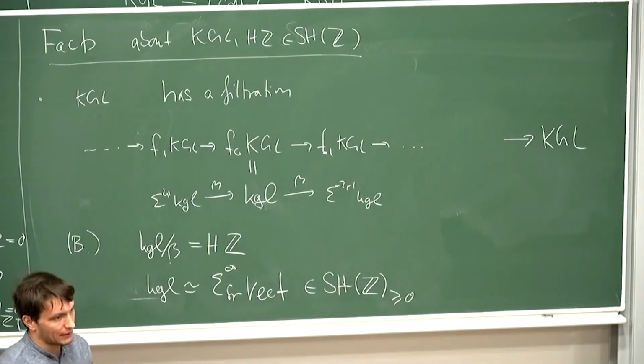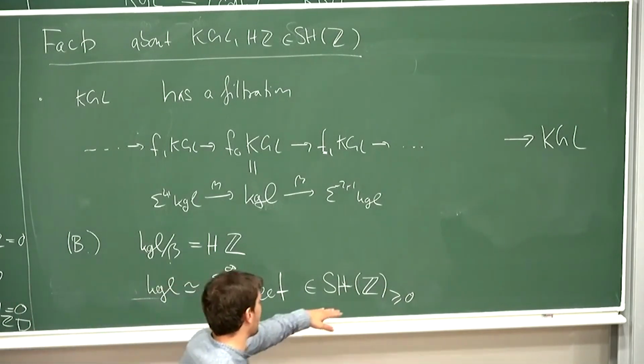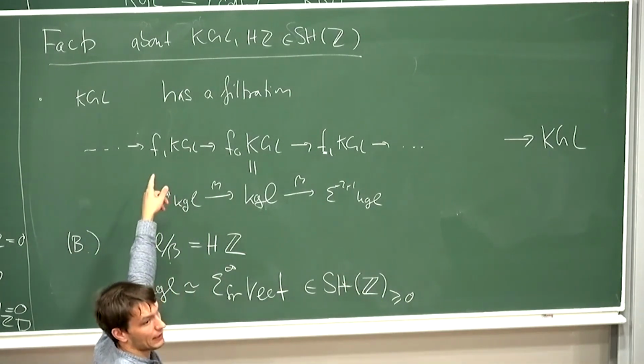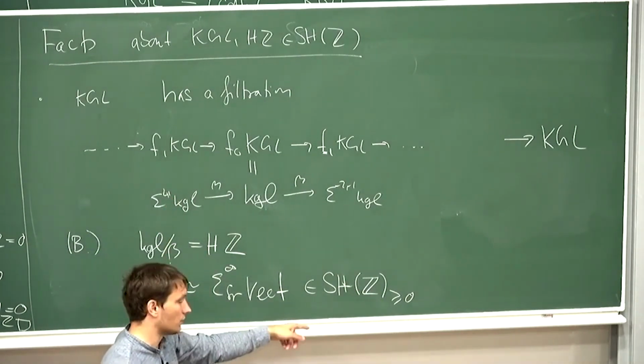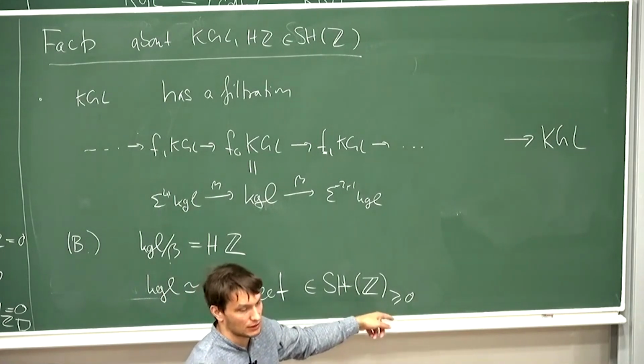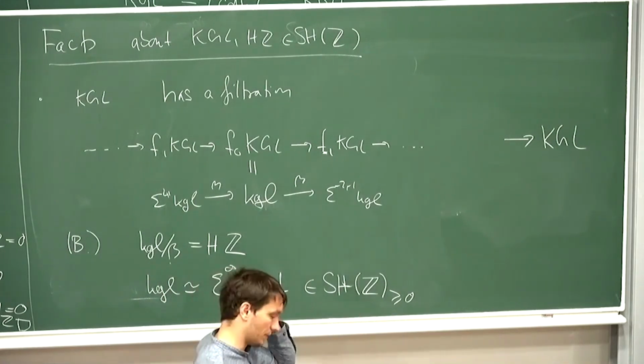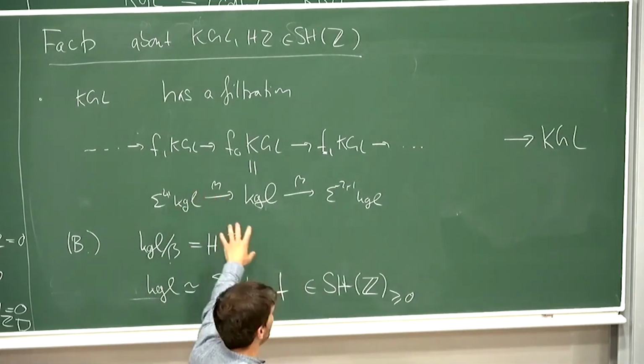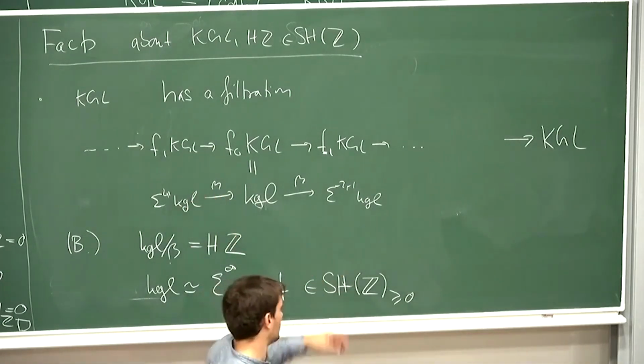And the important fact is that because this guy is in the greater than or equal to 0 part, of course, the other layers move into higher and higher parts. And this t-structure is known to be complete. So it's also not obvious at all, but this is due to Strunk and Schmidt, I believe. And so it tells you that over Z, this filtration converges.